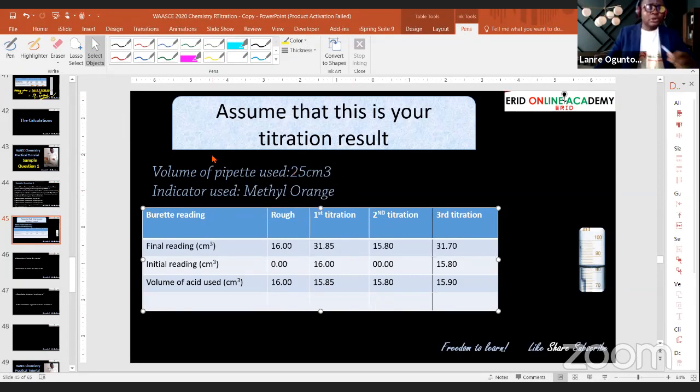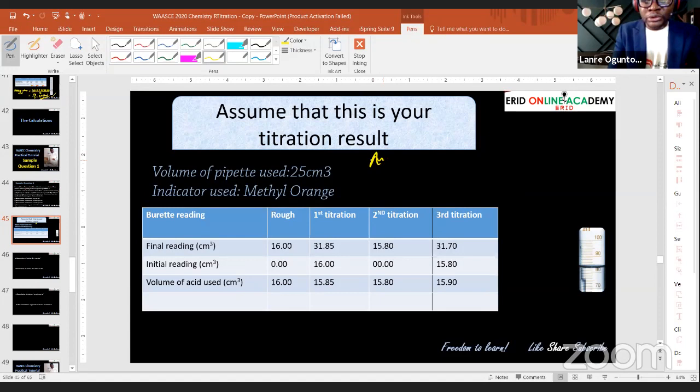Now I want to calculate my volume of acid used, the average volume of acid used. So my average volume of acid used will be equal to, so let's add it together.